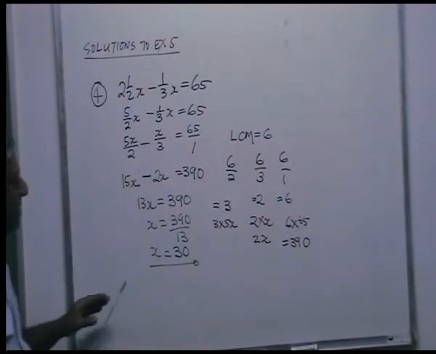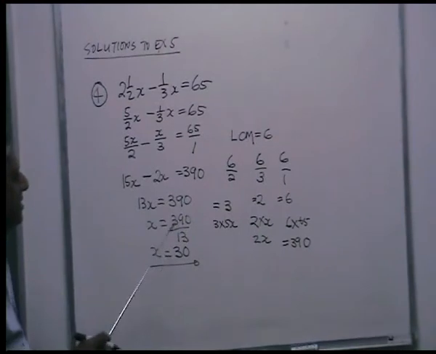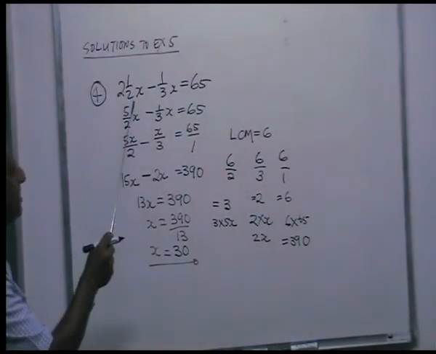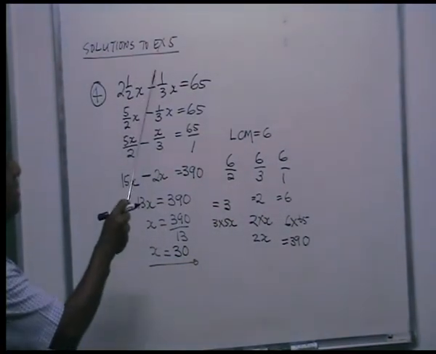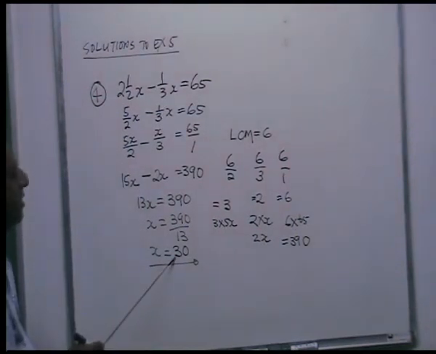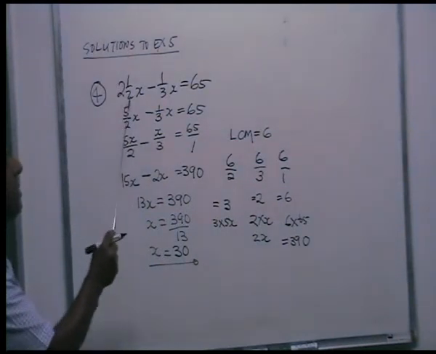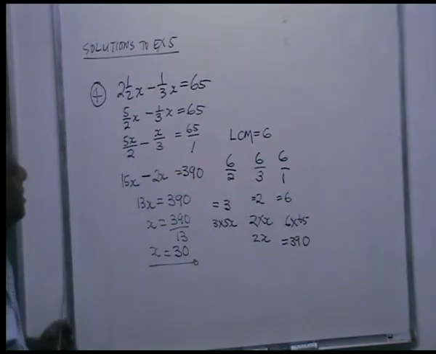Now what I'm going to do is show you that this answer is right. To show you that the answer is right, take the calculator and say 2.5 times 30 minus 1 divided by 3 times 30 is equal to, and you'll see that you'll get the answer 65. So you'll get 65 is equal to 65, and you know the answer is correct.